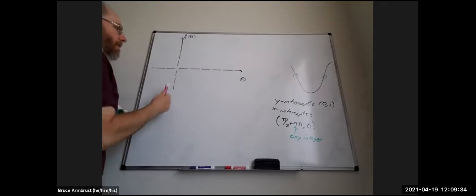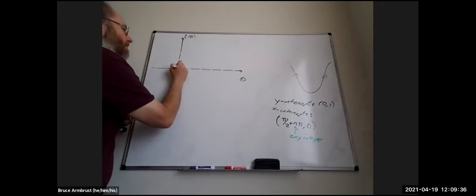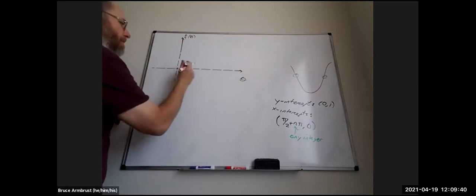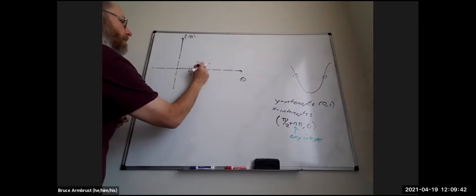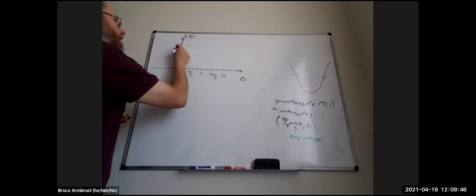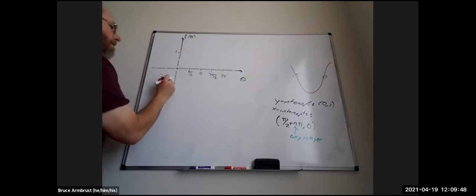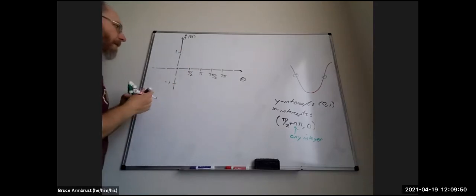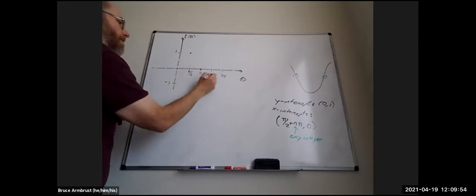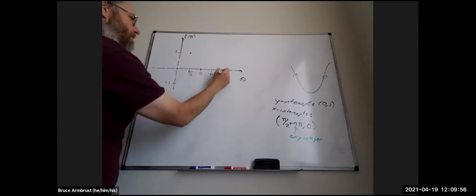So at 0, we had an angle of 0 gave us a sine of 0. At pi over 2, we had a value of 1. At pi, we got 0. 3 pi over 2, we got -1. 2 pi, we got 0.